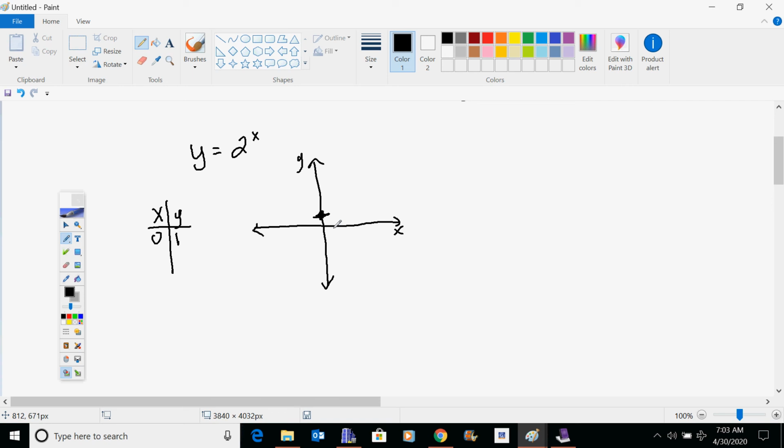I want you to have at least one other point to show shape. 1 here, 2 to the first power is 2. So you would graph that, coming down so that it does not cross the x-axis. The only time you shift that so that it's at another place where it bottoms out would be if there was a number out here.